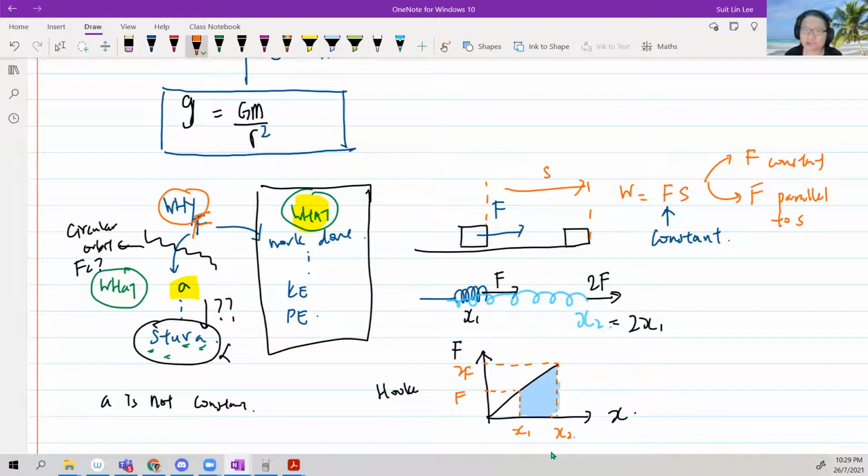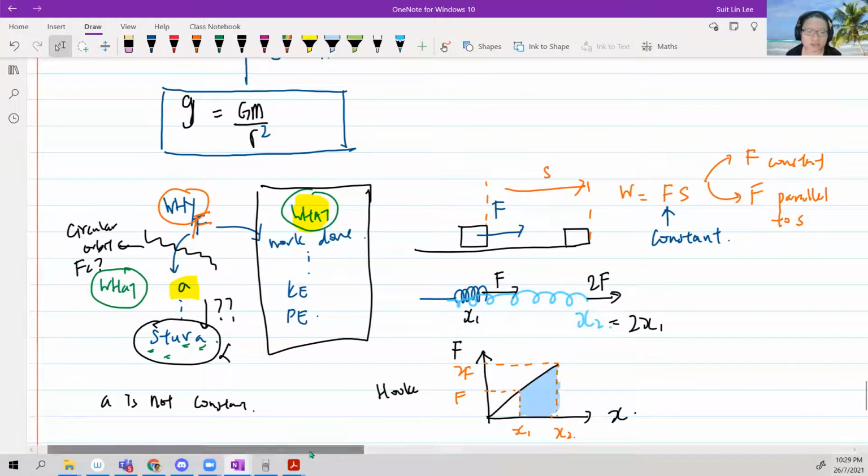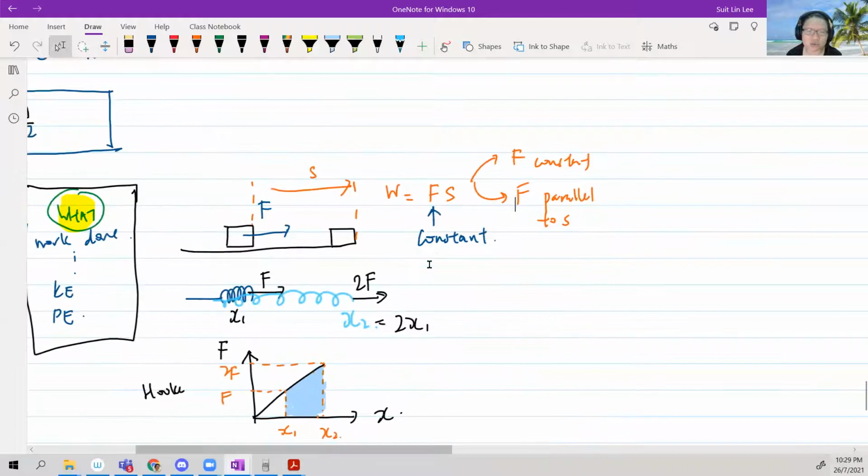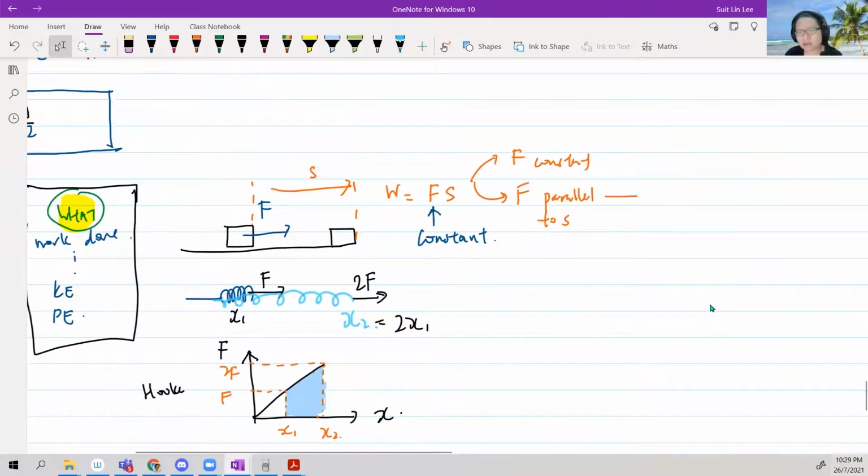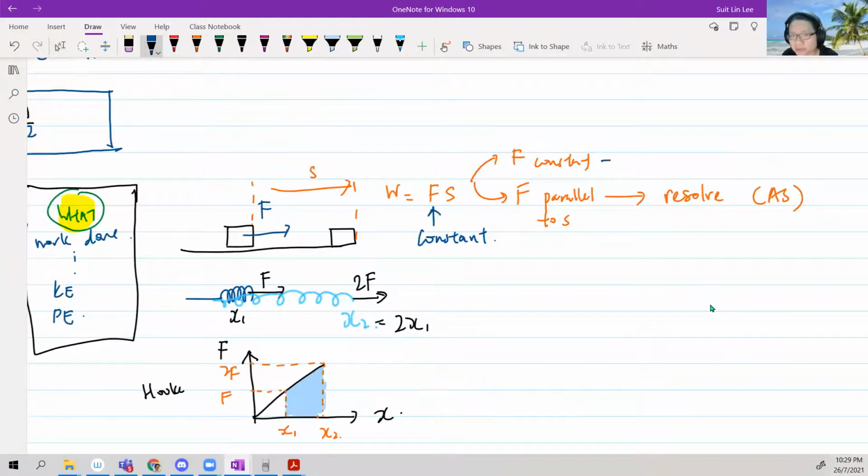If F is not parallel, then we resolve. This one is mainly AS, never seen before already. If it's not constant, we have to find the area under the Fx graph.